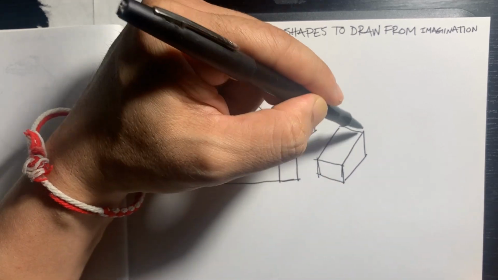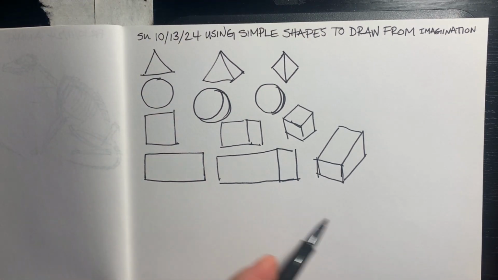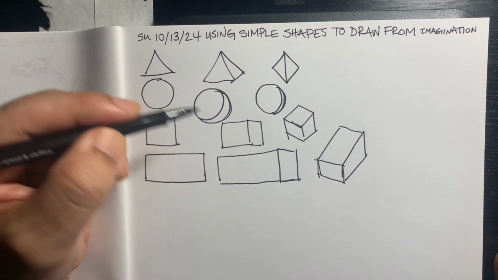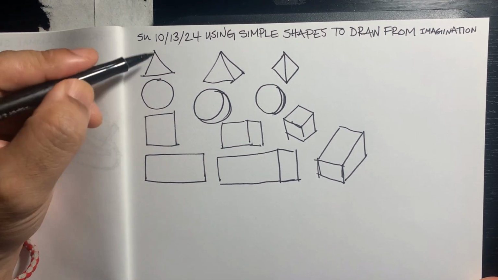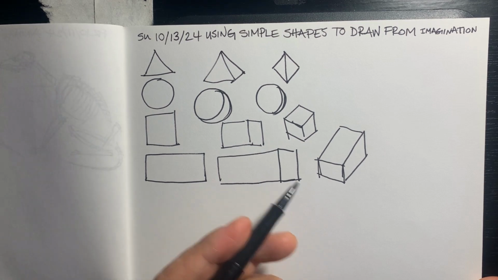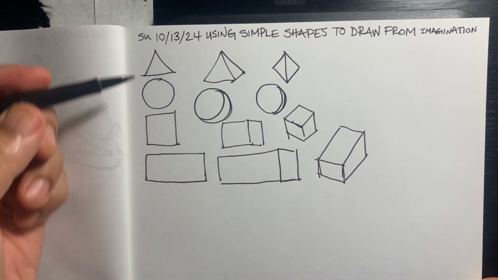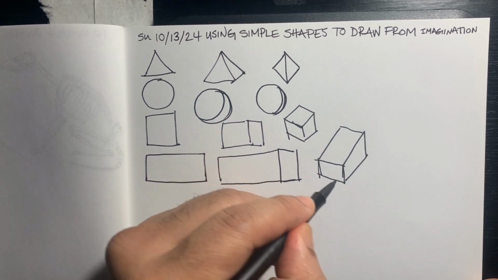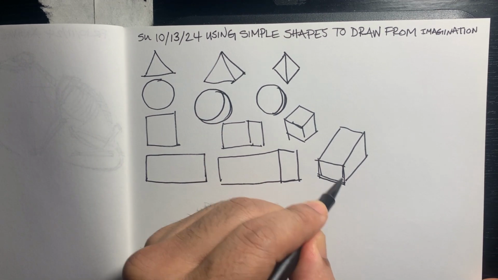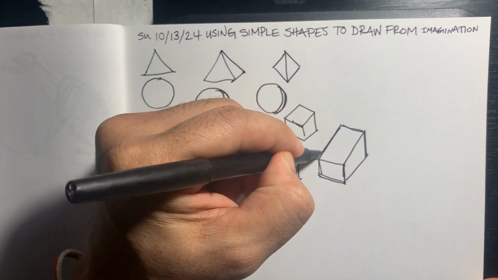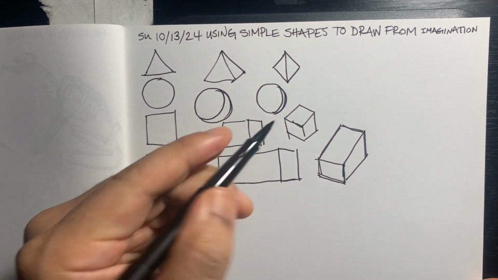So first of all, these are all very basic and easy to draw. If you want to get better at drawing, these are the ingredients. Think of it as ingredients in cooking: salt, pepper, sugar, spices. So these are the basic building blocks, literally.